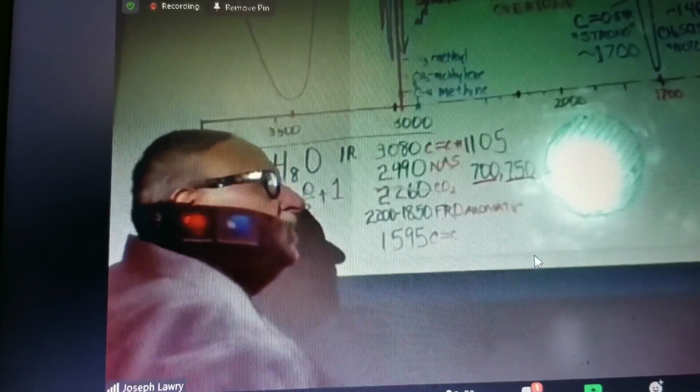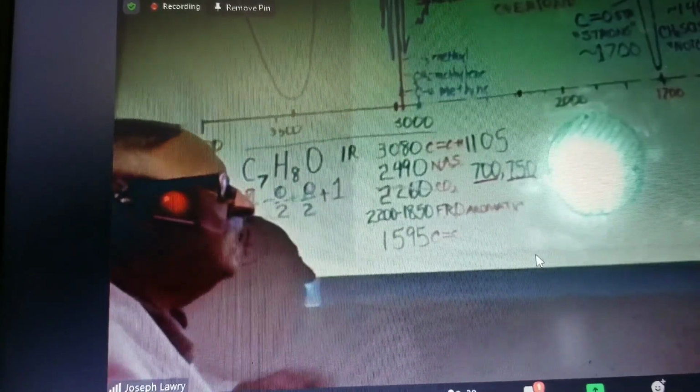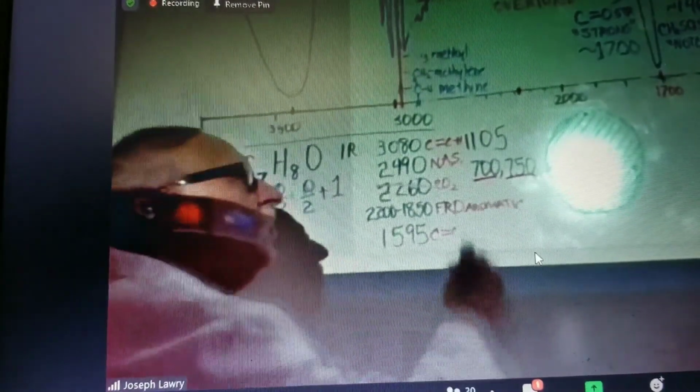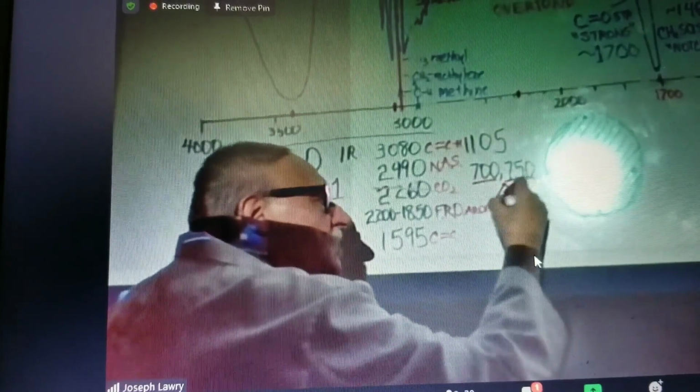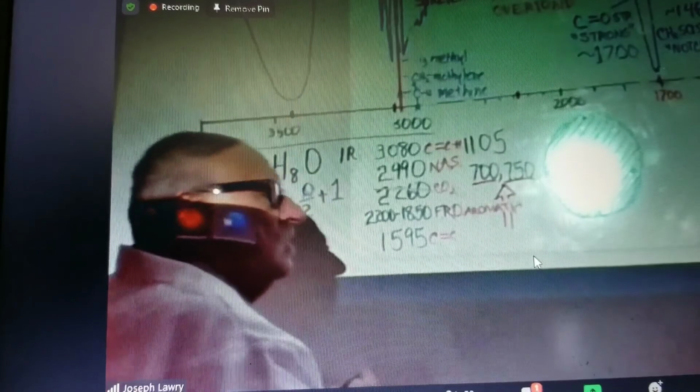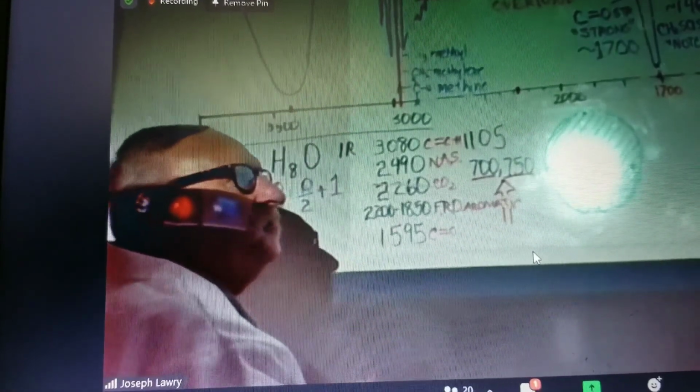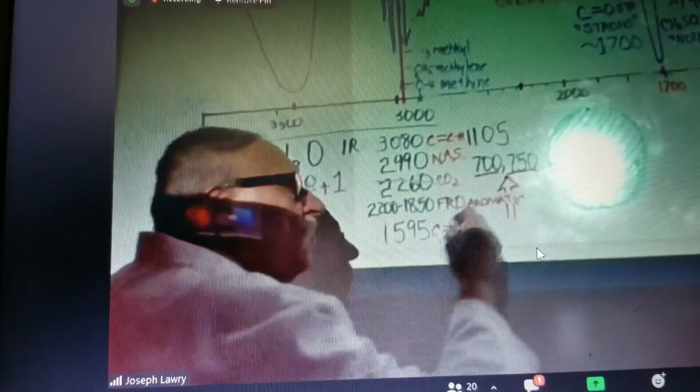700 and 750 is an oop bend, and it's diagnostic for what? What is 700 and 750 diagnostic for? Now, this is very important that you know.